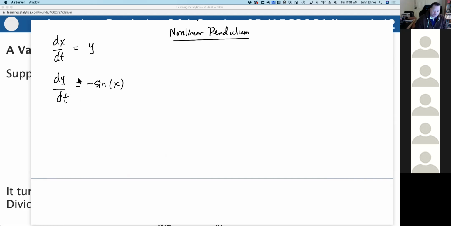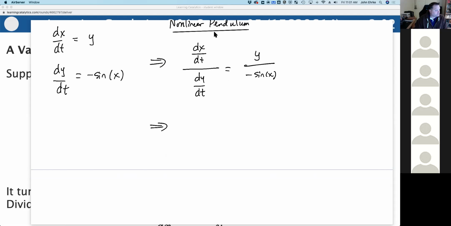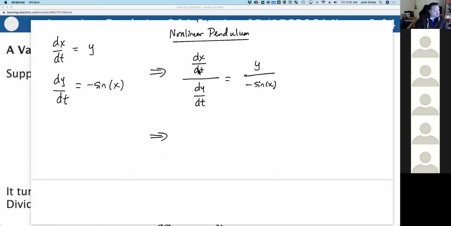What I want to do is divide the two equations. So if I took dx/dt and divided it by dy/dt, and then take y and divide that by minus sine x, then what you observe over here on the left-hand side is the dt's cancel, which leaves you dx/dy is y over minus sine x.